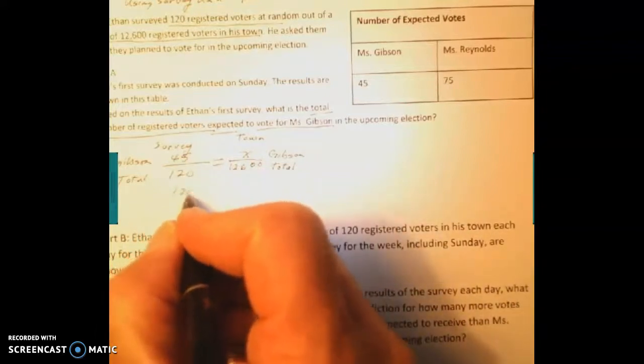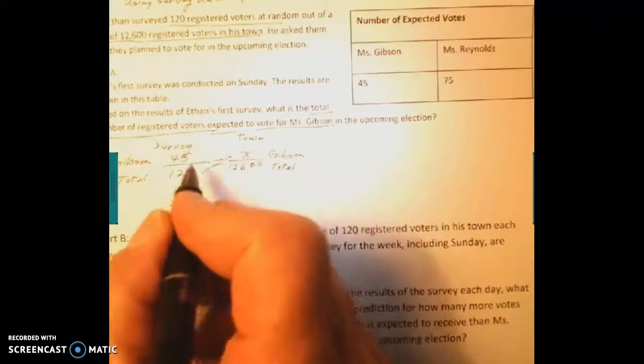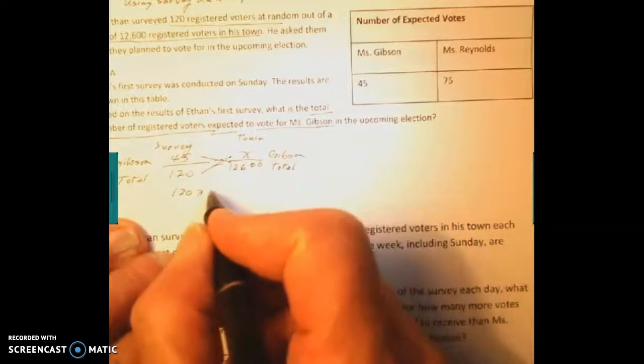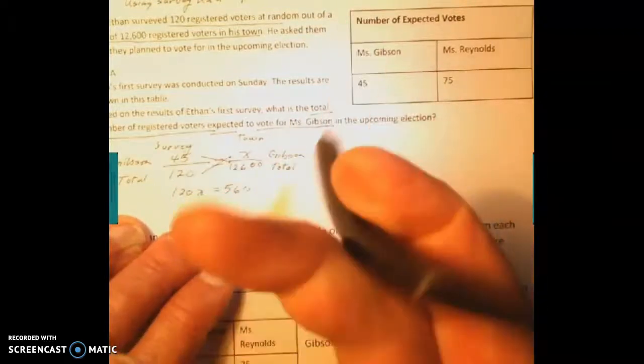You get 120x, multiplying this way, 45 times 12,600, and you come up with 567 followed by 3 zeros.